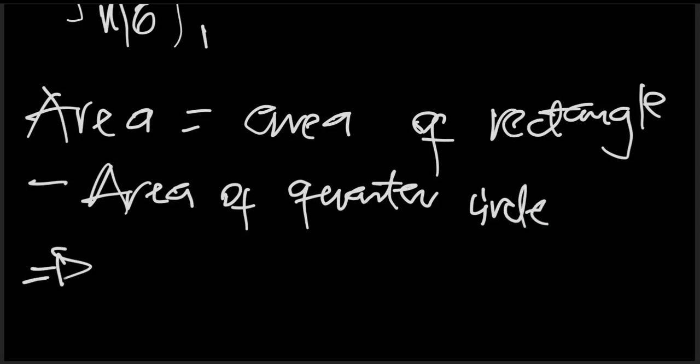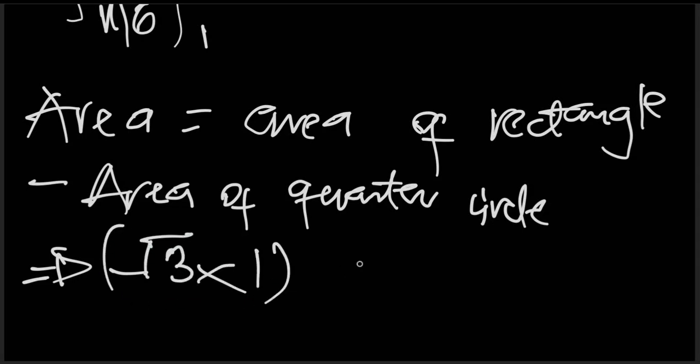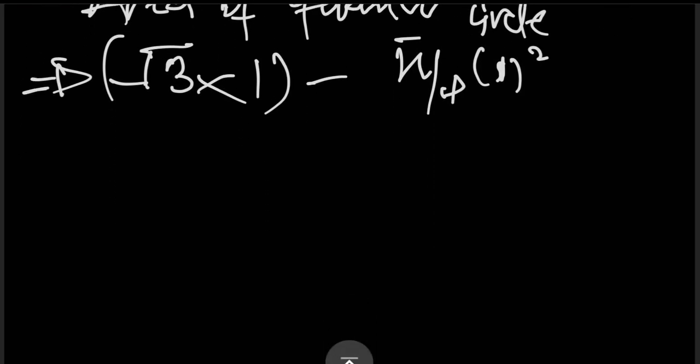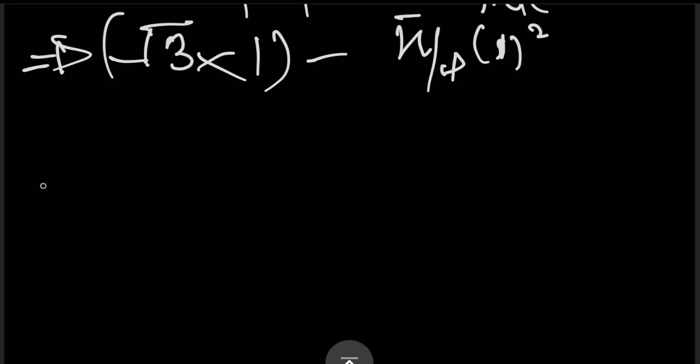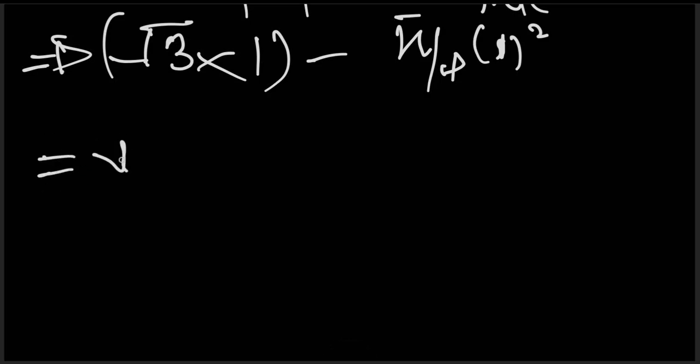So we know from the diagram that the area of the rectangle is the length times the breadth, and the area of the quarter circle will be pi over 4 multiplying r squared. That is pi over 4 multiplying r squared. Hence, we say that the area of this diagram will be equal to root 3 minus pi over 4.